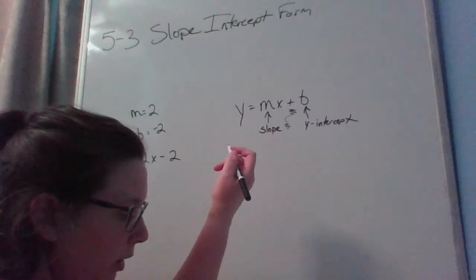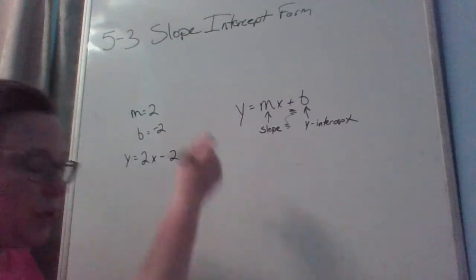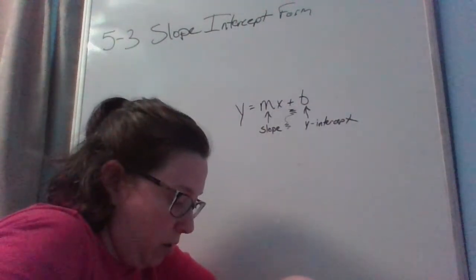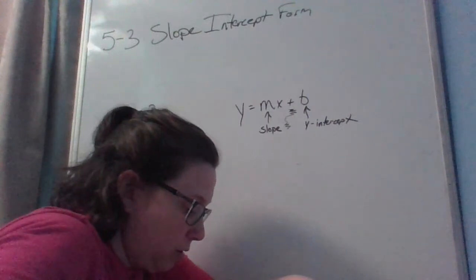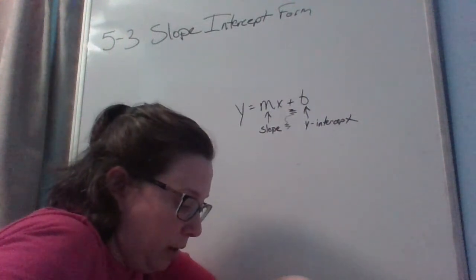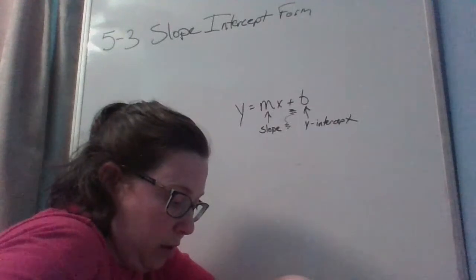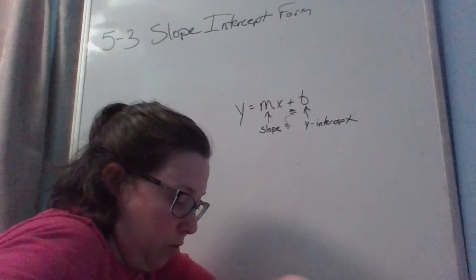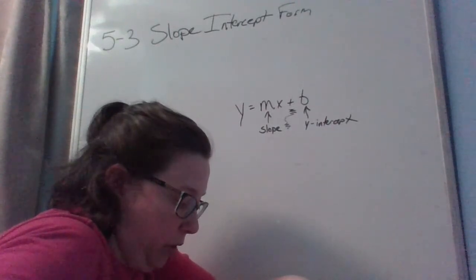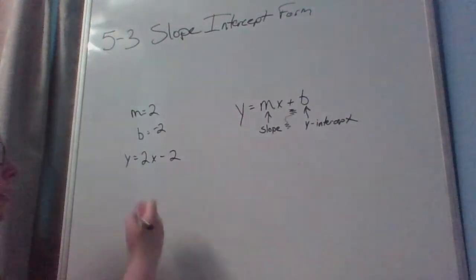If you look at got it 3, we're going to check out our graph. I'm going to start with 0, 2, and then I can see that it goes down 1 to the right 1. So my slope would be -1.